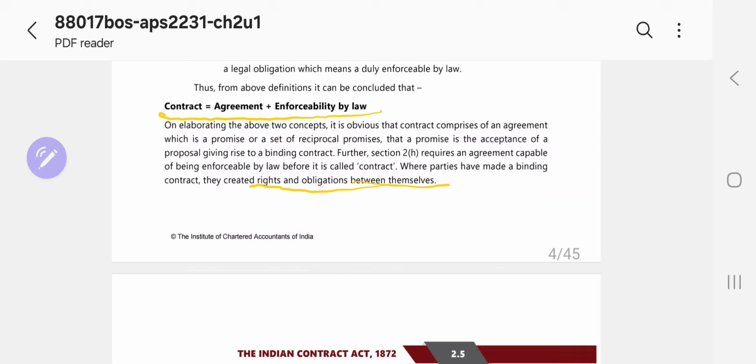So to avoid the risk, the agreement should be tied with the legal terms and conditions. So when an agreement is bound by the law, then it is called a contract.